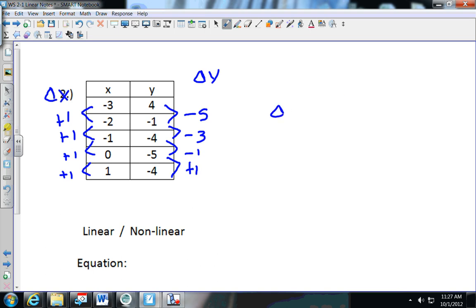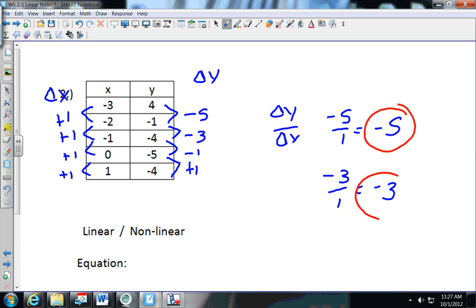I already see a problem. Delta y over delta x: negative 5 over 1 is negative 5. Negative 3 over 1 is negative 3. See how these aren't the same? Already, I don't have to do the rest of them. This is nonlinear. If it's nonlinear, there's nothing we can do to find an equation because it has to be linear to find the equation.